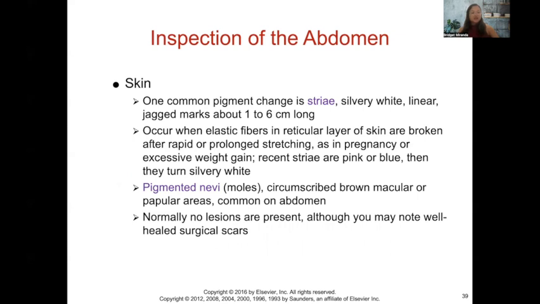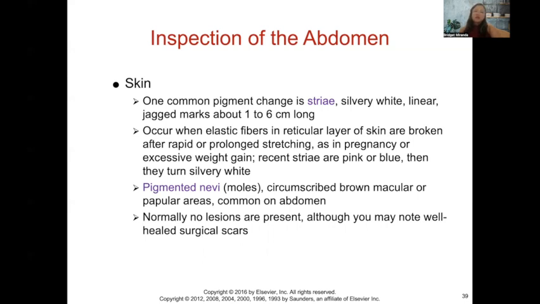Moving back to skin, just drawing your attention back to the term striae, which we know are stretch marks. And earlier we found this in our pregnancy slide. However, it's not just pregnant women that deal with striae. It can be found in all types of habitus, every type of person. And so basically, it's just a change in pigmentation, usually linear and silvery white and jagged.